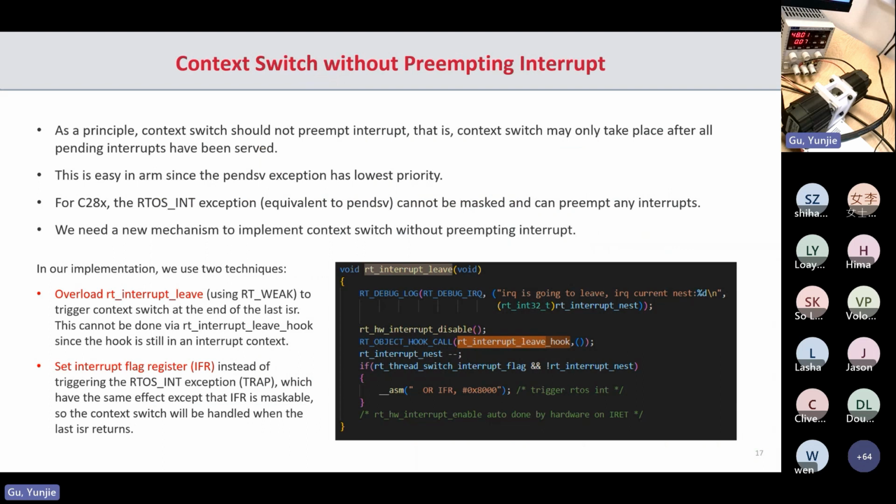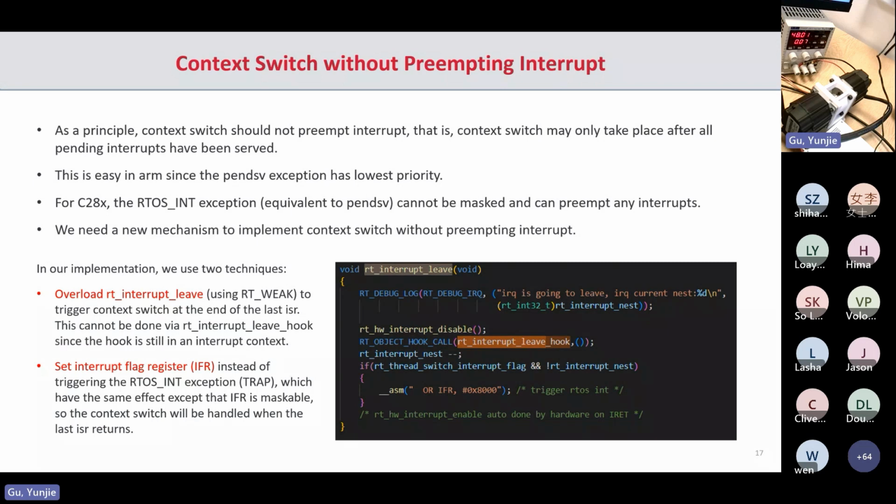And also, there's a problem for context switching within an interrupt. So we know that the thread cannot preempt an interrupt, but an interrupt can preempt a thread. This is quite a standard principle in operating systems.